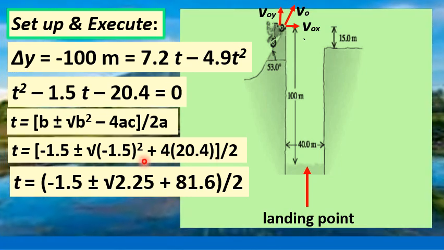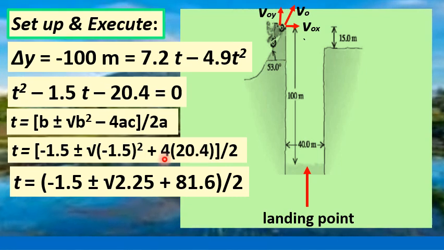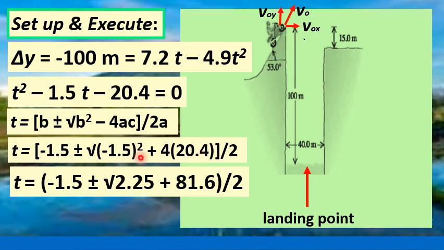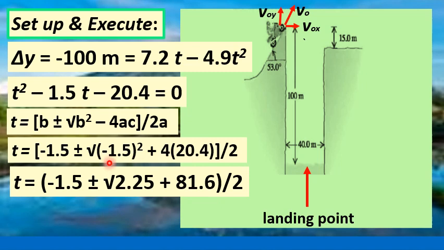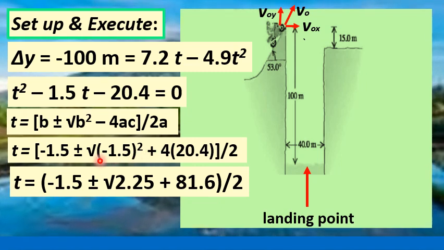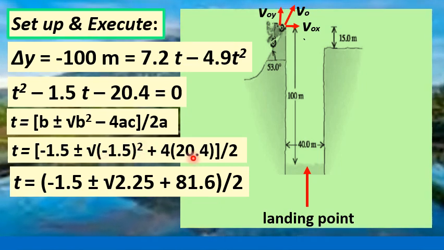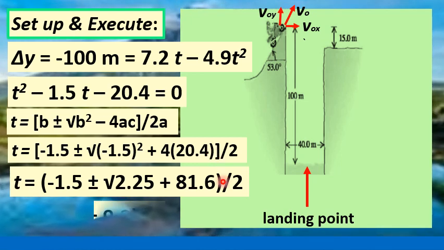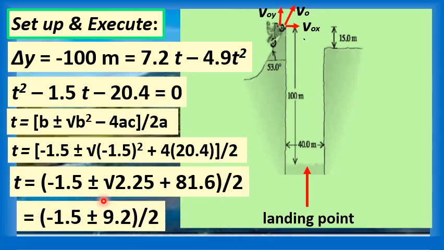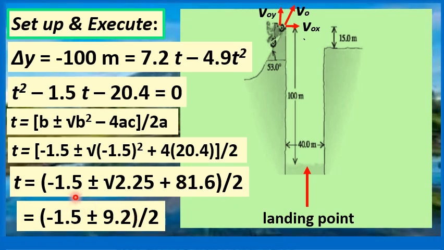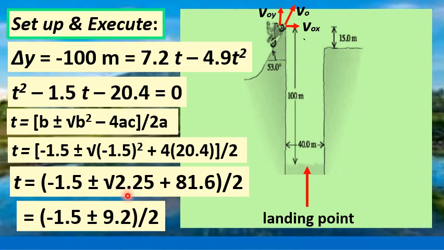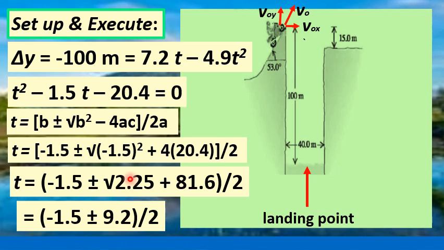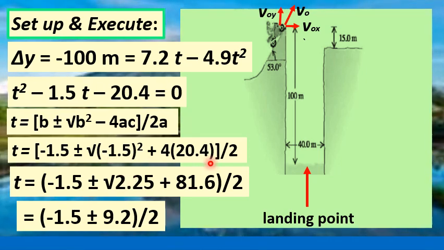So we get the square root of the sum of these two numbers, which is equal to negative 1.5 plus minus 9.2. 9.2 is the result of getting the square root of the quantity inside the radical sign.